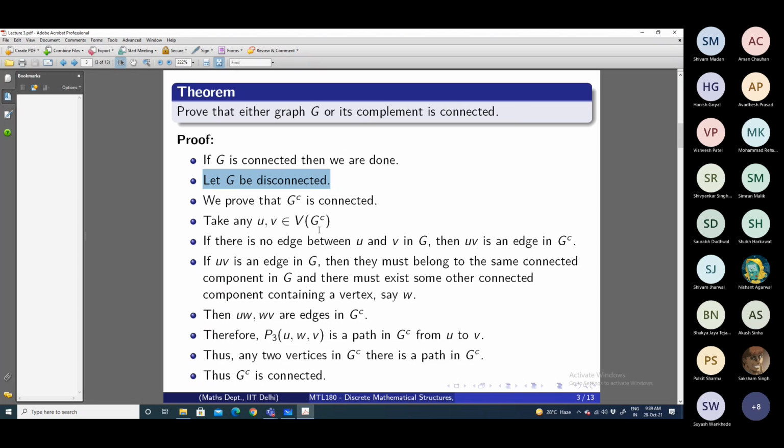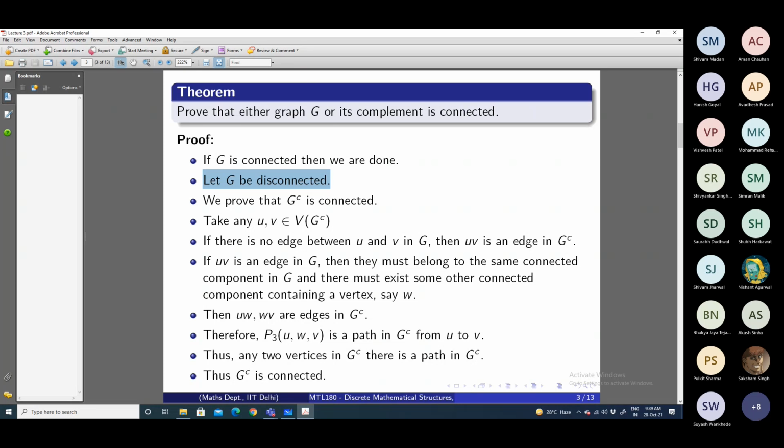Now there are two cases. If there is no edge between U and V in G, that is, UV is not an edge in G, then UV should be an edge in G complement, and then we are done, right?